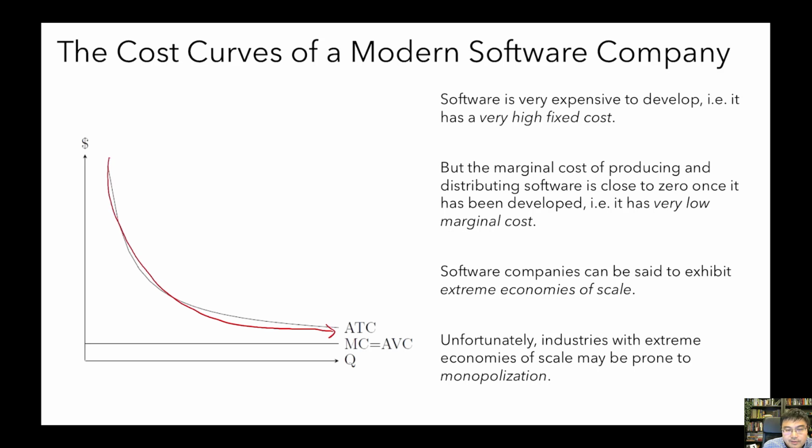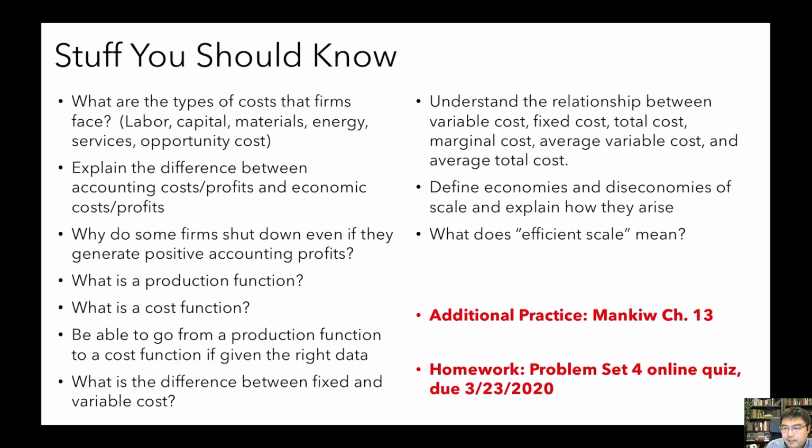And so the downside of that is that the market might be more prone to monopolization, meaning the control by one single dominant firm. Right? Think about how true that is for the software industry, with Google being pretty much the one dominant player in the search and ad space, Facebook being the dominant player in social networking, and Netflix being the dominant player in streaming. And we'll talk a little bit more about monopolies in a later lecture.